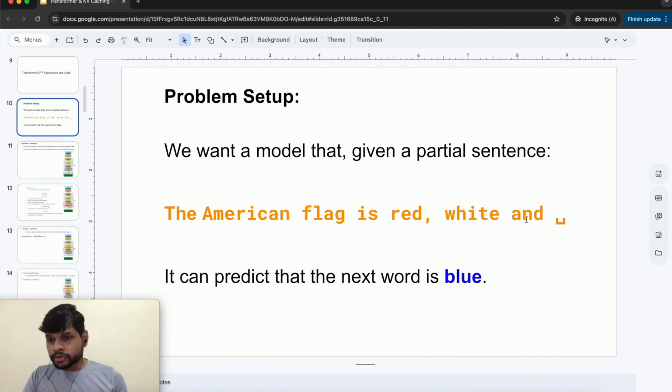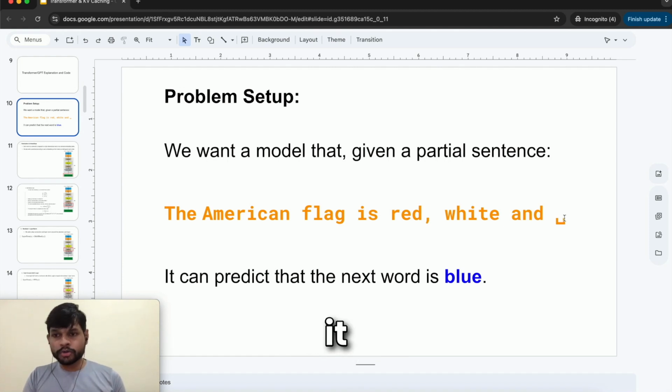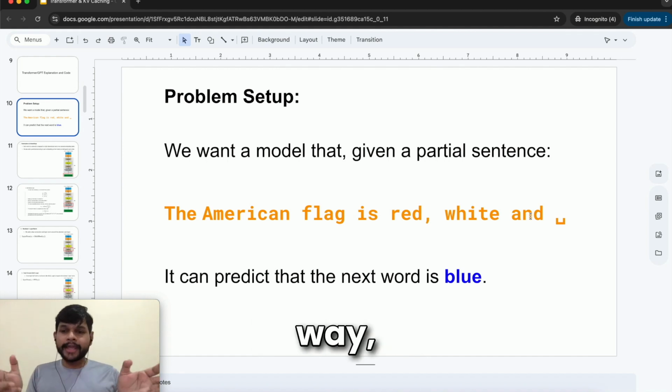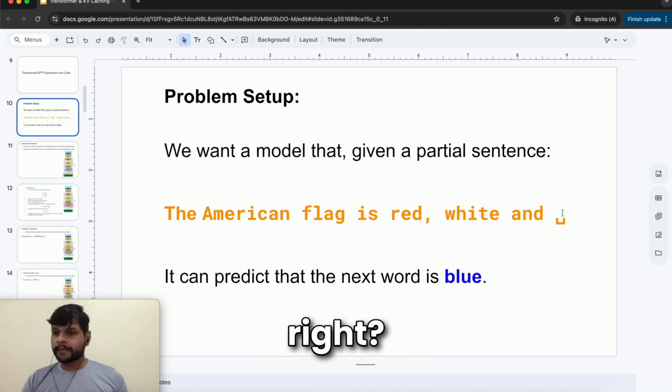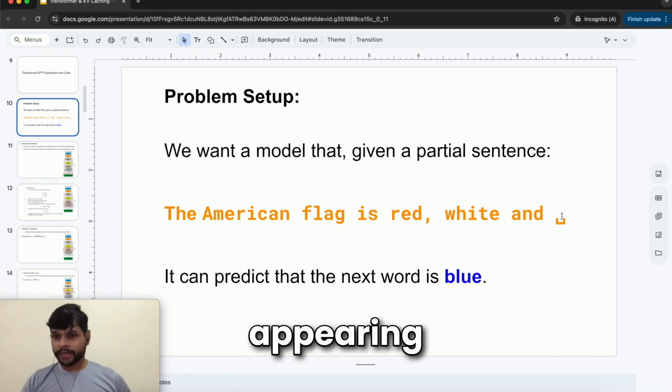The next word initially, in a naive way, could be any word, right? Imagine there are 50,000 words in English literature. So in a very naive way, any word can become the next word, with a 1 divided by 50,000 probability of any word appearing at first.